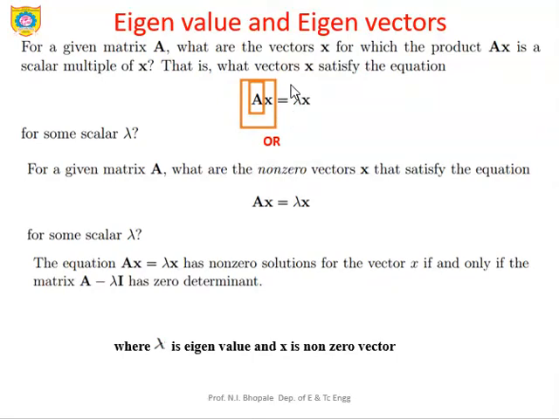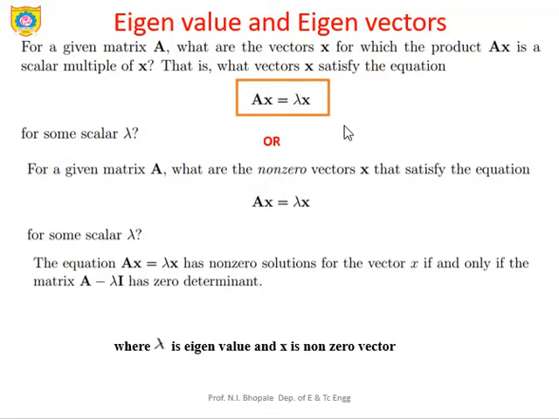The scalar quantity is represented by lambda. That is, which vectors x satisfy the equation Ax = lambda x? This equation must be satisfied to get clarity regarding eigenvalues and eigenvectors.